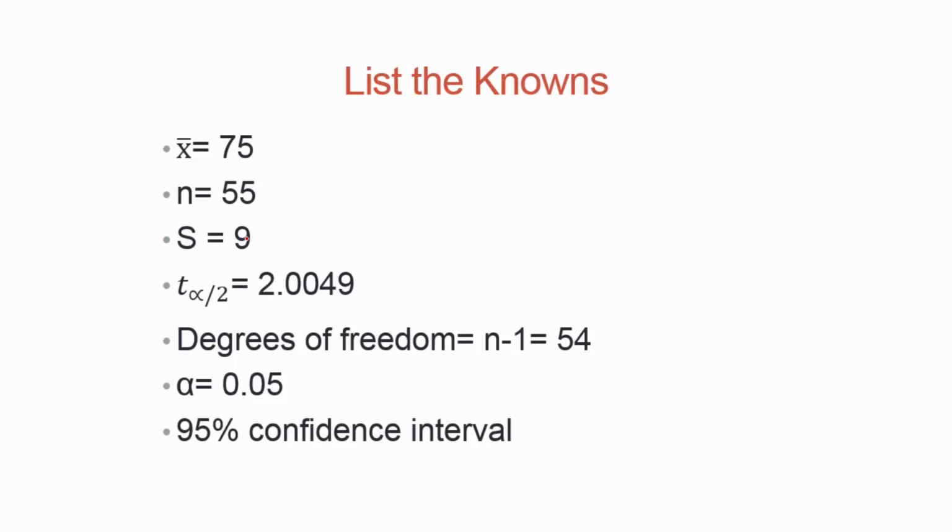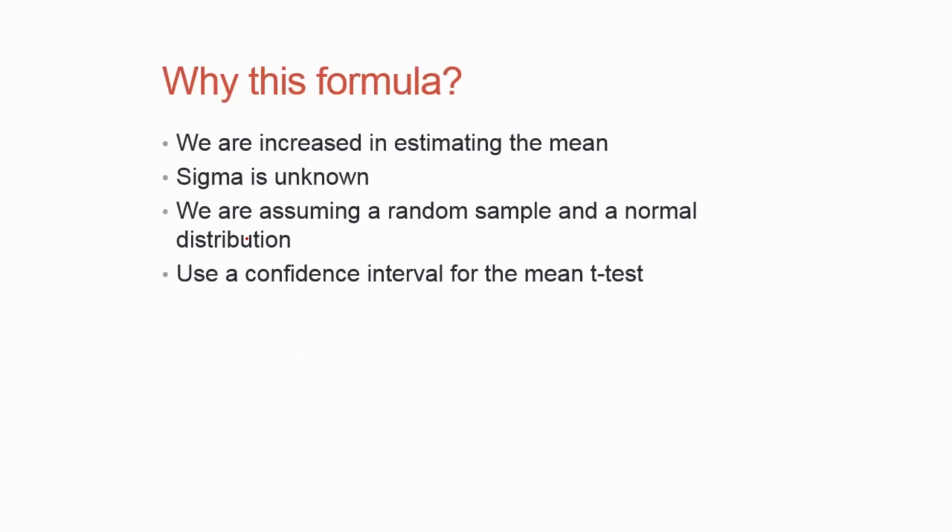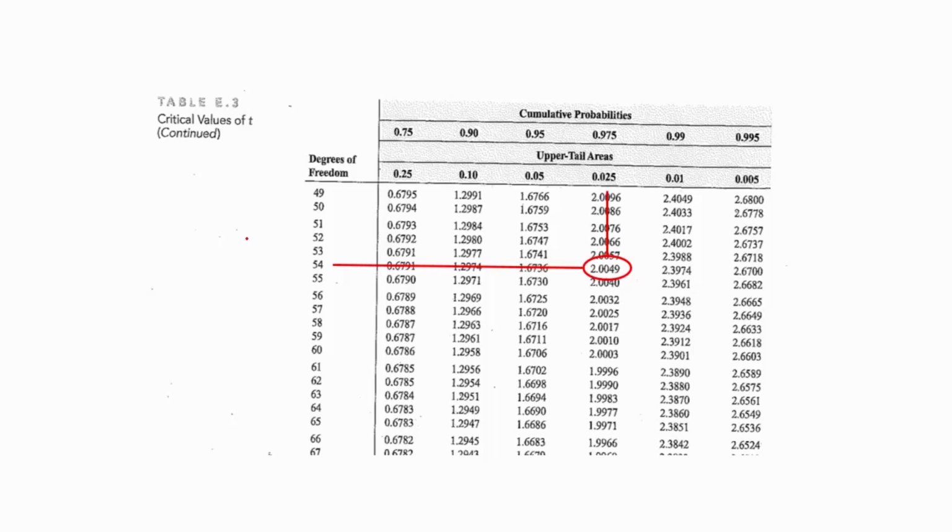So 0.025 is my upper tail area and my degrees of freedom are 54. Looking at the table, we find where they intersect, and that gives me 2.0049 as my value.